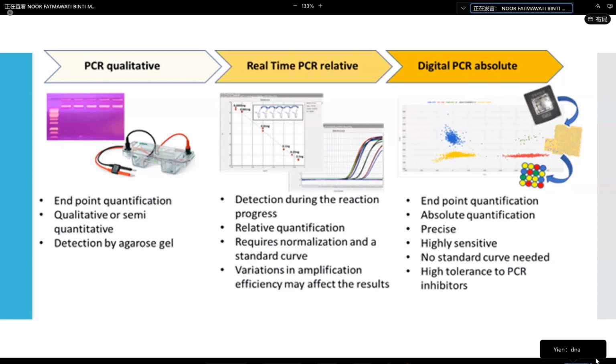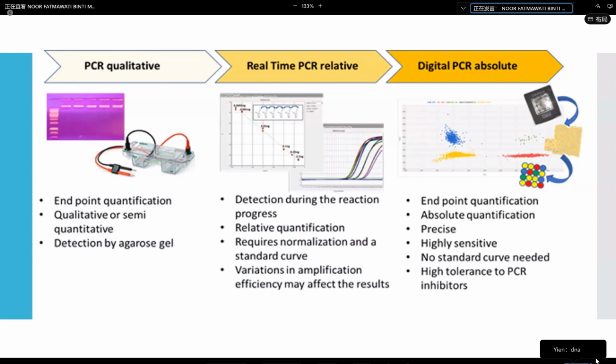Okay? So the first generation is PCR, qualitative. And then we have the second generation, real-time PCR, in which you add a label for you to detect signal. That label is fluorescence.